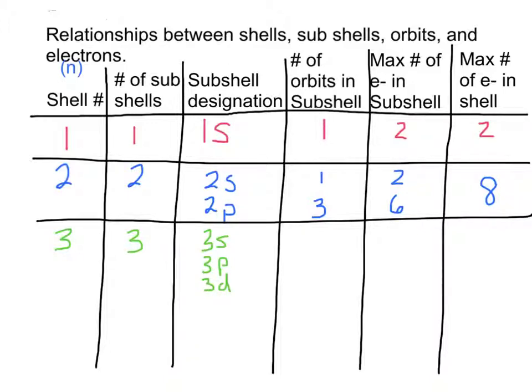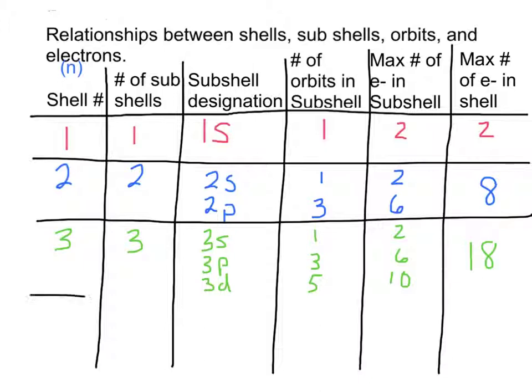The number of orbits: we've got 1 in the s, 3 in the p, and 5 in the d. Times that by 2 to find out how many electrons we can have in each subshell, and remember each orbit can hold 2, so the first one will hold 2, the second will hold 6, and 2 times 5 is 10 in the last one. If we add those all together, we get the total max for that shell as 18.